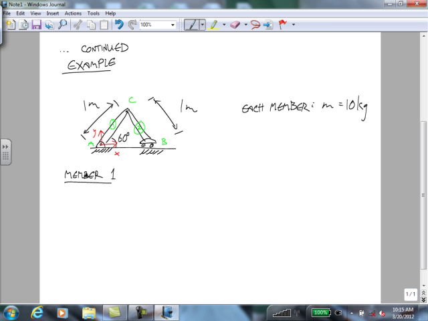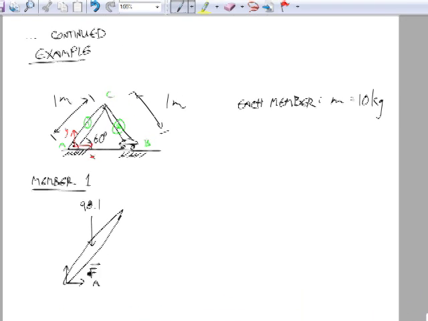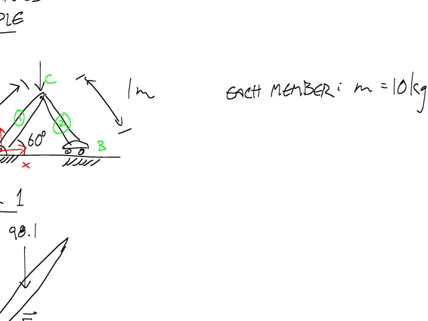The free body diagram looked like this. We had the weight, 98.1. We had the reaction force at that pin, and that's a force vector because that's a pin. And then there was a force acting down here of 200 newtons.